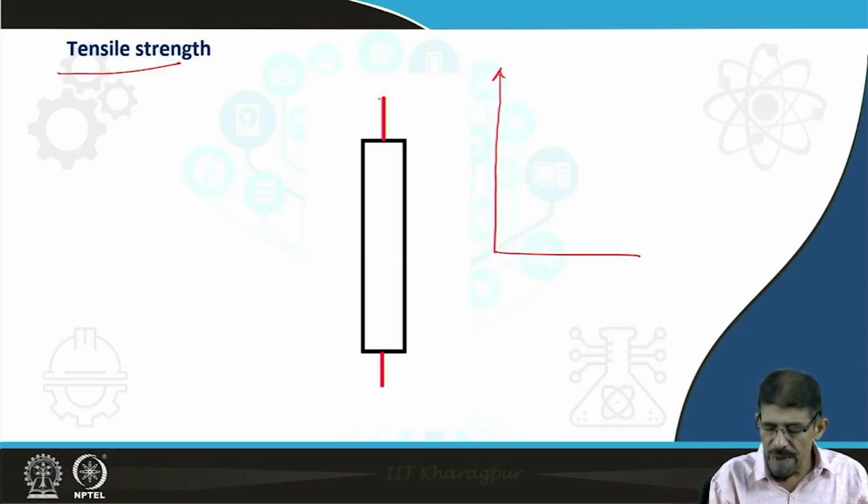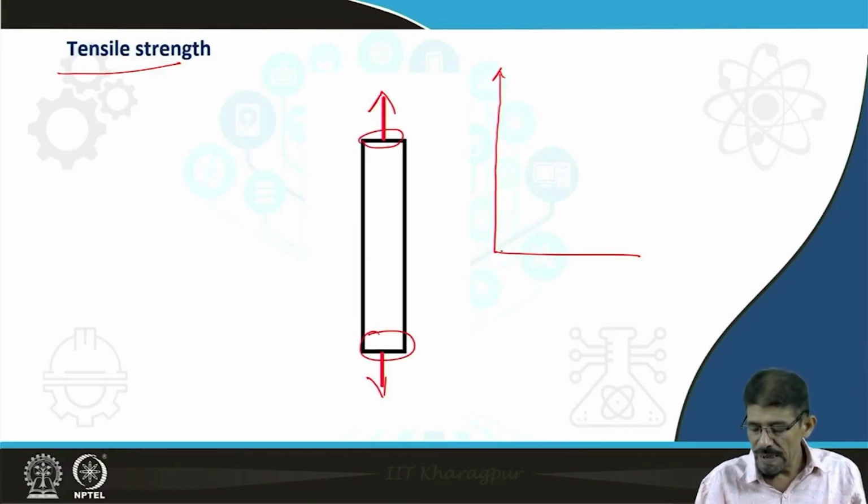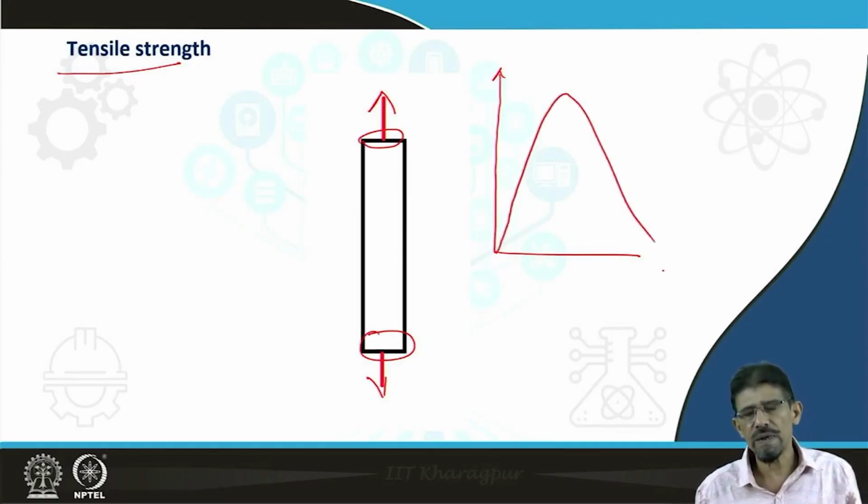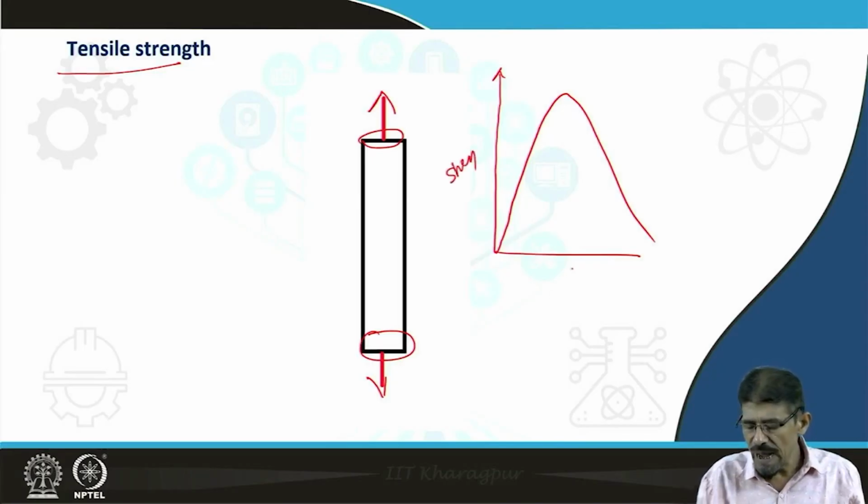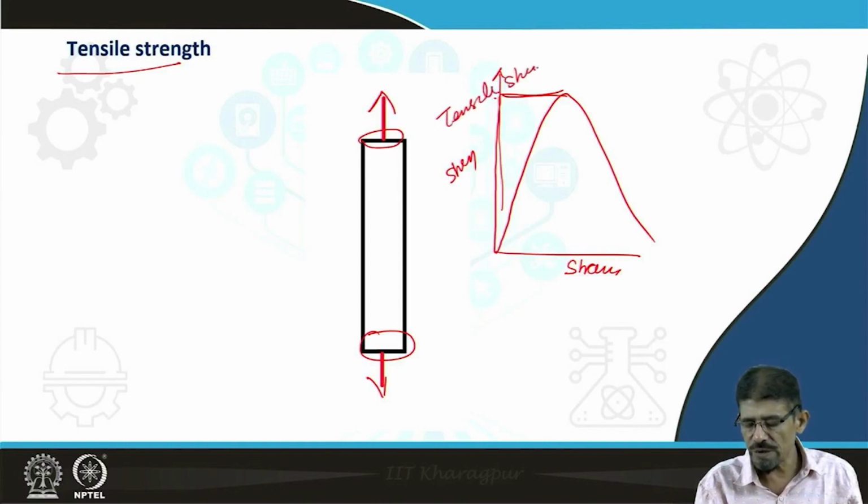If in place of compression we are going to pull this cylindrical sample, then we again get this type of curve between stress and strain. This peak value we recognize as the tensile strength.